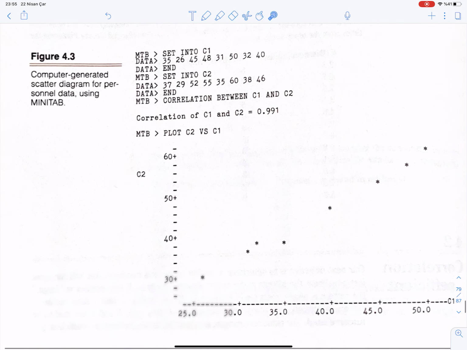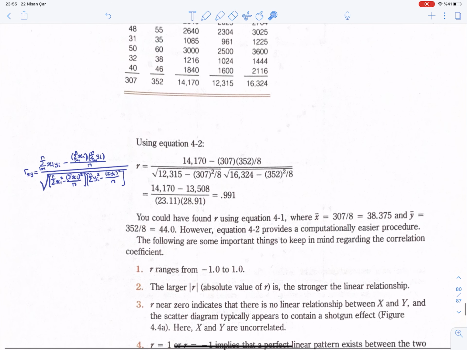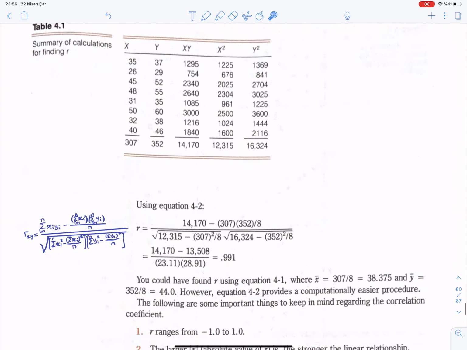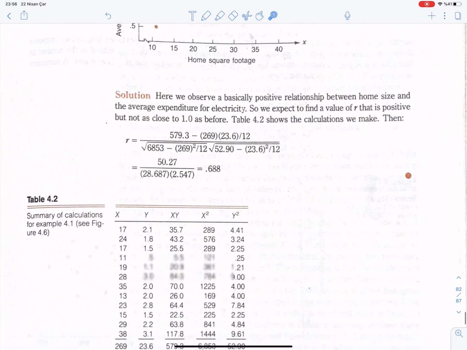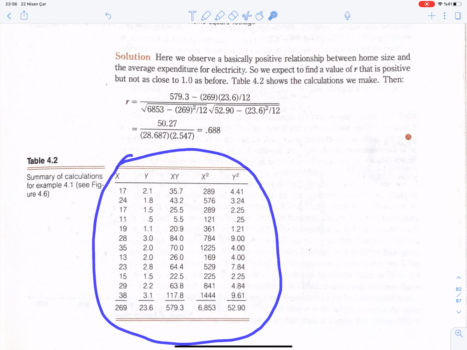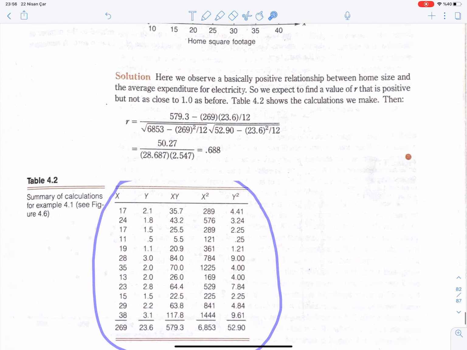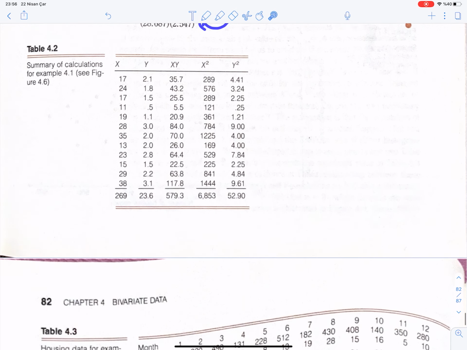I can't find it anyway, so let's get back to our study. You prepare the same table as in the previous example, and it makes the calculation easy. To get this value, you get it easily.